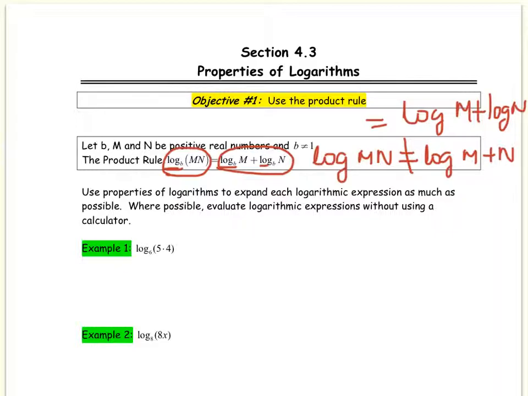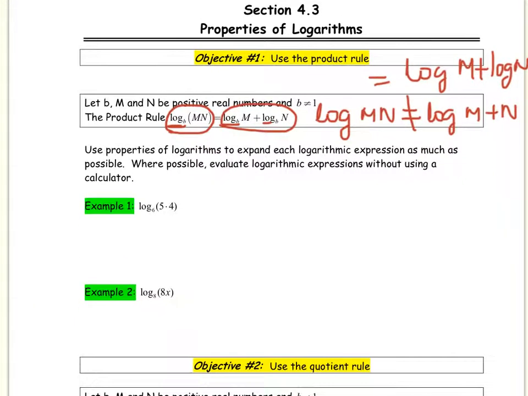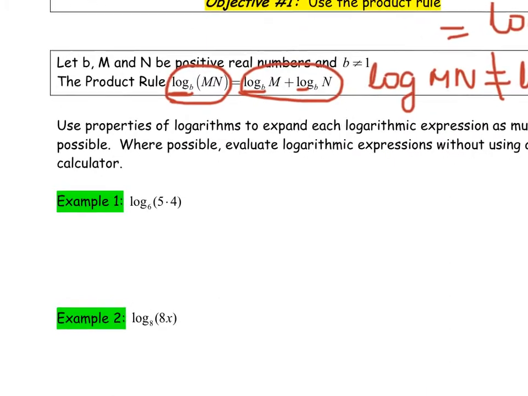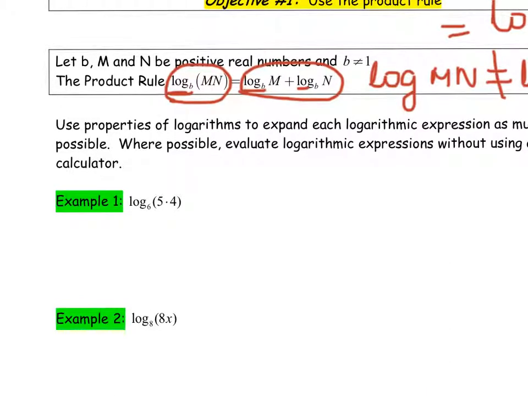Now going ahead with that property, let me expand this. I'm new to the software, so bear with me. Okay, I have multiplication of logs. I know that multiplication becomes addition. Single log becomes double log. And this is 5 and 4.